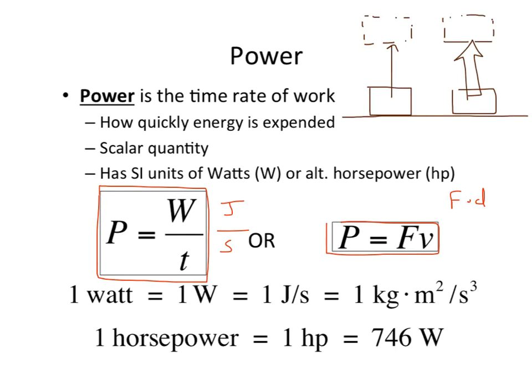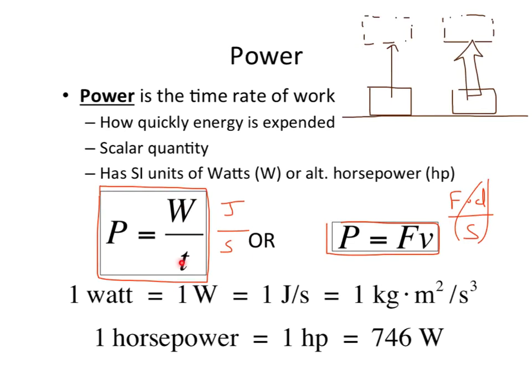And if you have work being force times distance, per second, instead of saying joules per second, you could say that is newtons times meters per second. Does that make sense? This right here, distance per second, or displacement per second, is velocity. So power is force times velocity, or work divided by time. Both of those are the same thing.